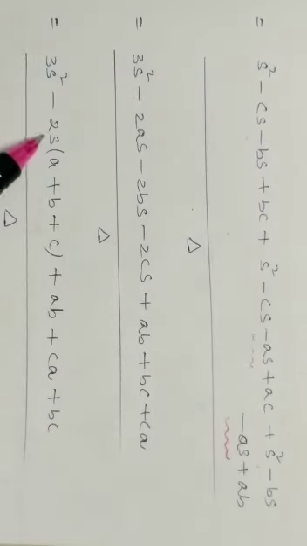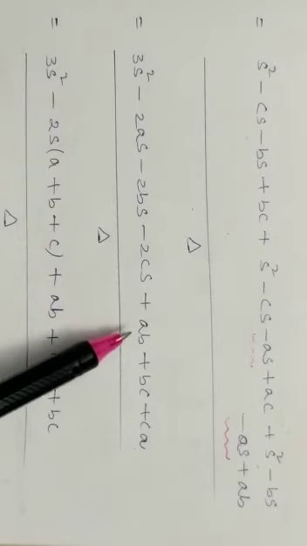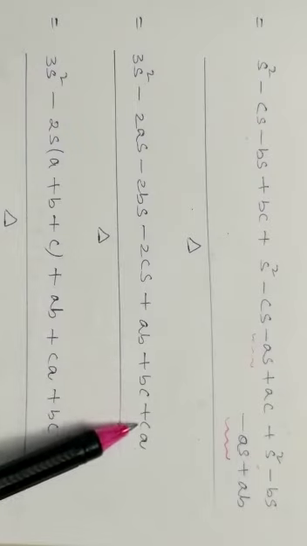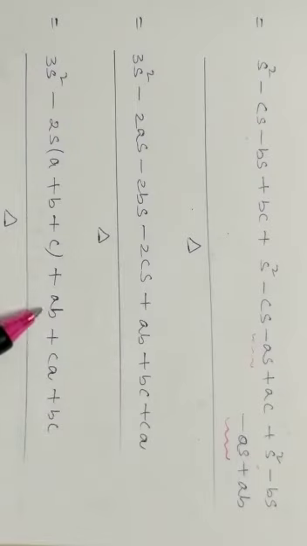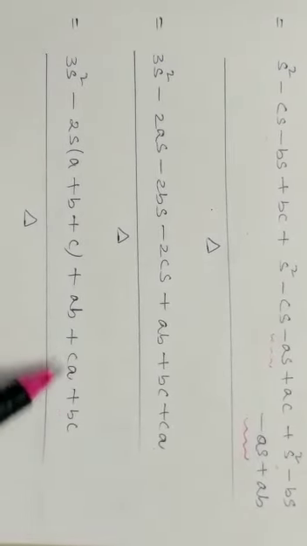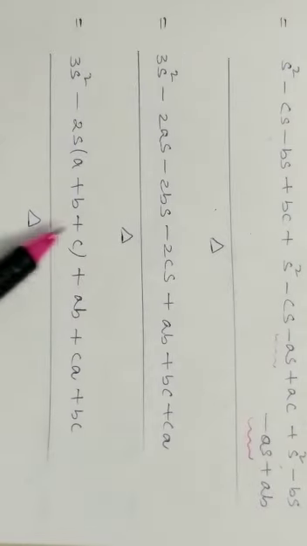So minus 2s into (a plus b plus c) plus the remaining ab plus bc plus ca. In plus we can write any order, ab plus bc plus ca by delta.